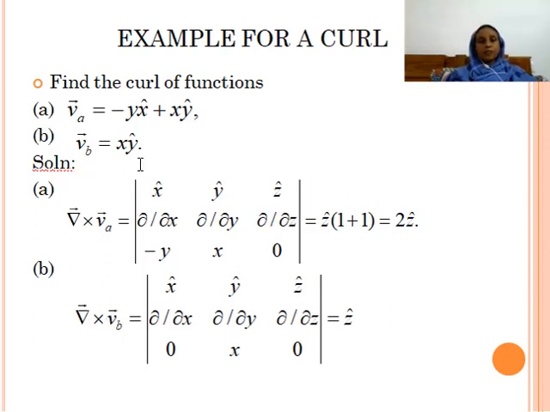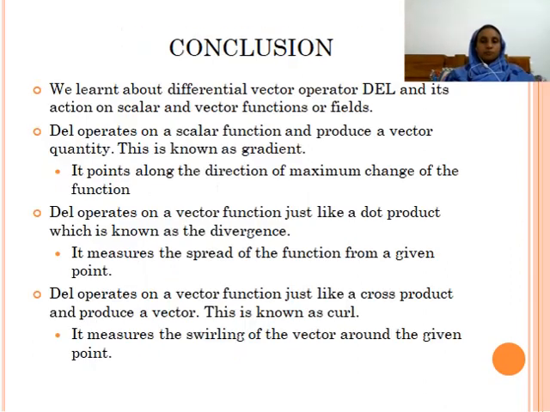At the same time, for the second problem, del cross VB equals z cap. So in the case of these two functions, there is a curl. Del cross VA and del cross VB have curls. These are all about the concept of curl.